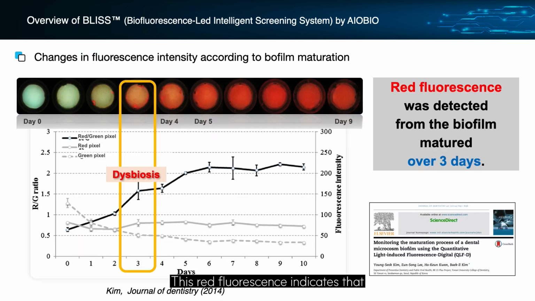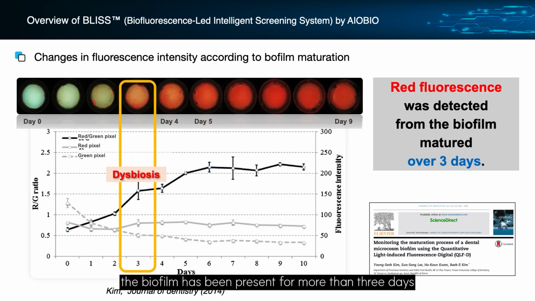This red fluorescence indicates that the biofilm has been present for more than 3 days, corresponding with the emergence of late colonizers. It ultimately signifies that the bacterial environment has shifted from a healthy to a pathogenic state, and the biggest advantage is that we can visually detect truly pathogenic biofilm without the need for dye, unlike benign biofilm that exists in a healthy mouth.